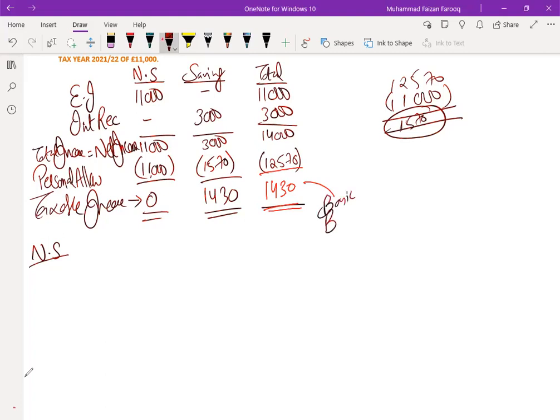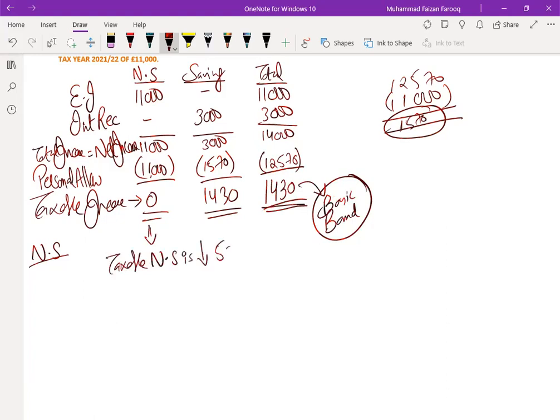I guess basic. He is a basic band taxpayer. Why? Because his income is below 37,700, right or wrong? Right. His taxable non-savings is below 5,000, right or wrong? Right. It's zero, which means below. Now, non-savings are not available, so no tax on non-savings.